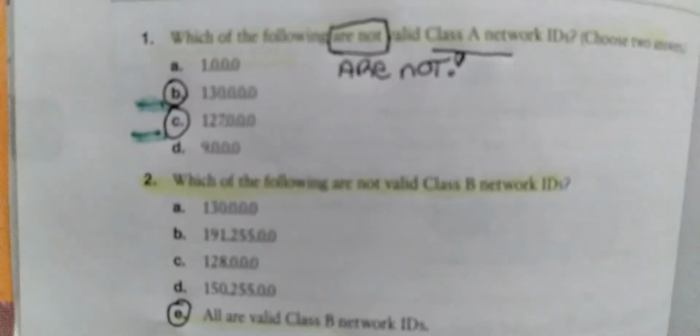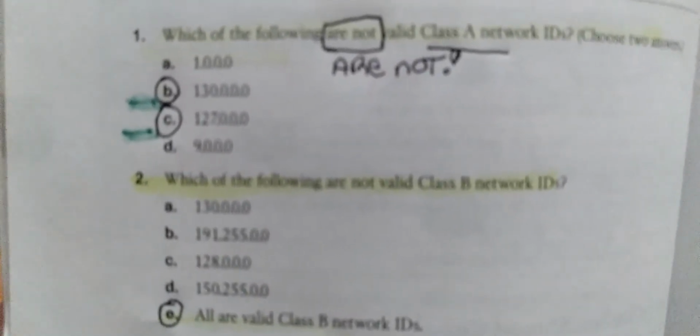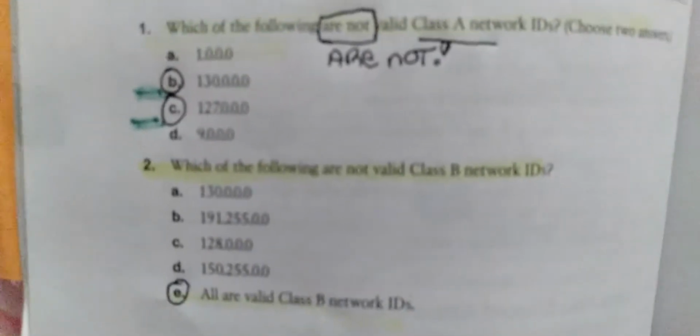Okay, and now we will go over analyzing classful IPv4 networks, Chapter 12, Do I Know This Already? Number 1 states, which of the following are not valid Class A network IDs? Choose 2 answers. It's a little tricky. You just got to focus on what they say specifically.